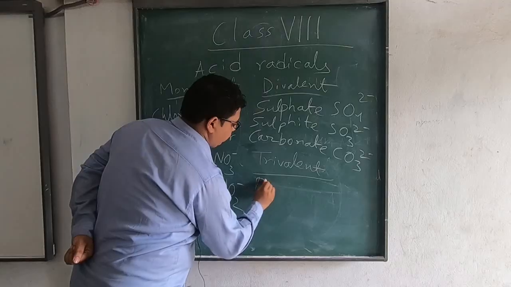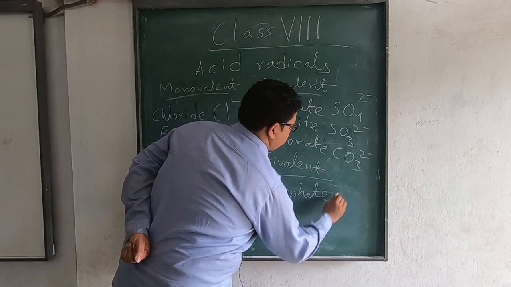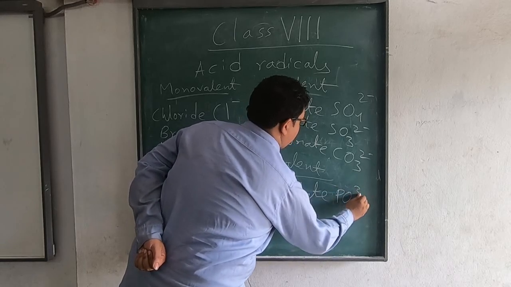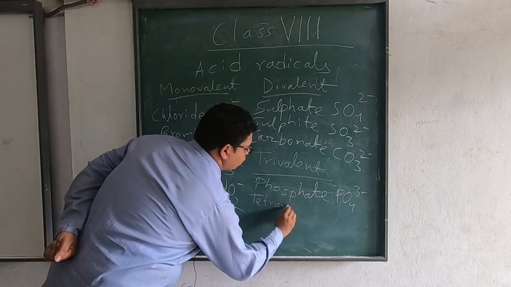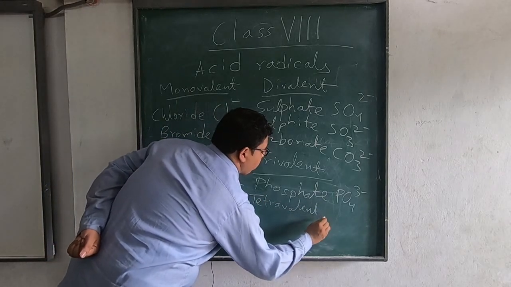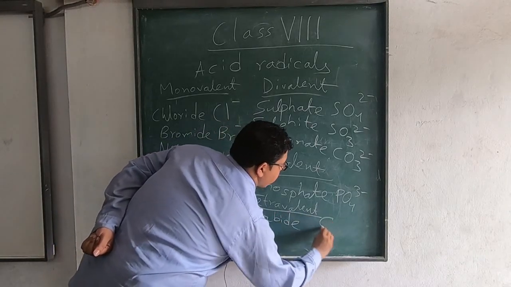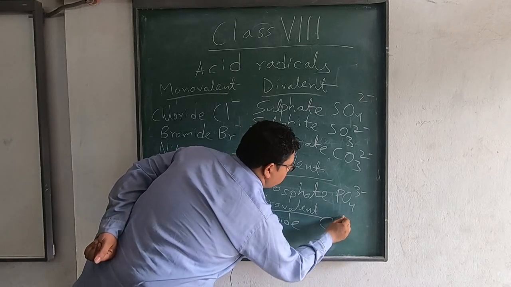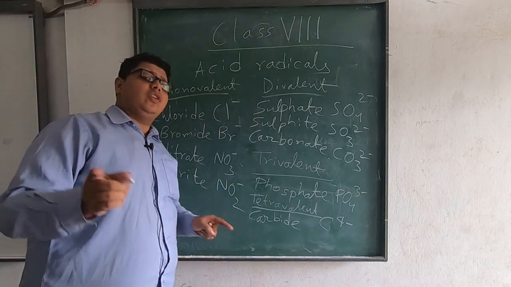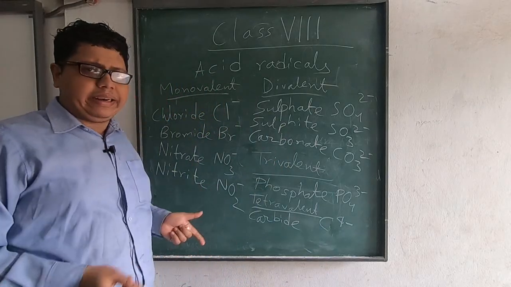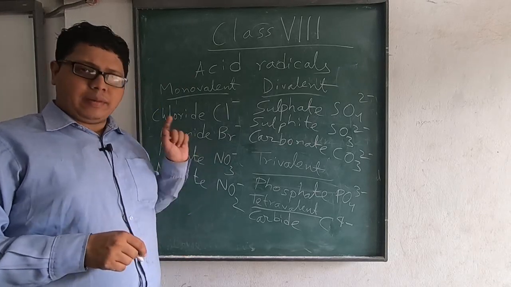Trivalent meaning 3, phosphate, and even tetravalent, which means 4, like carbide. Okay, the entire list is given in your book. Again, I'm repeating, I'm not writing the entire list here, but you need to learn it now, okay? It's very important, it's the basic.